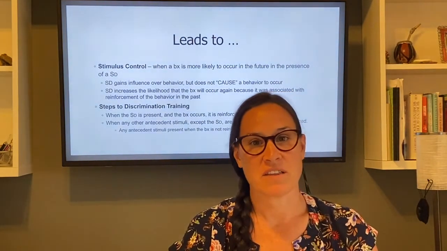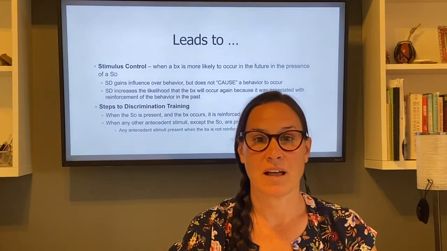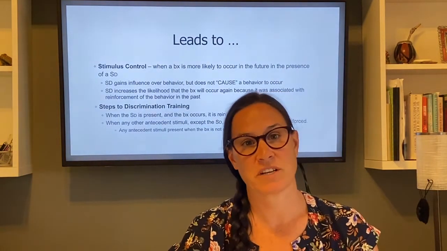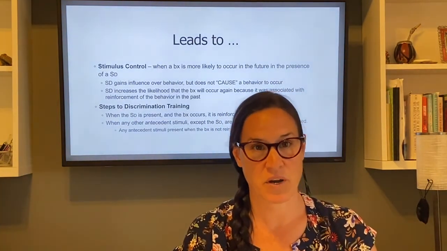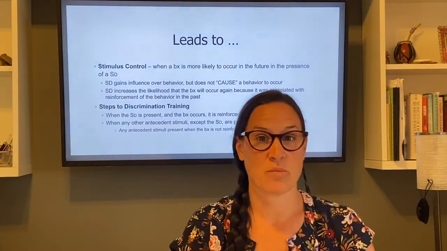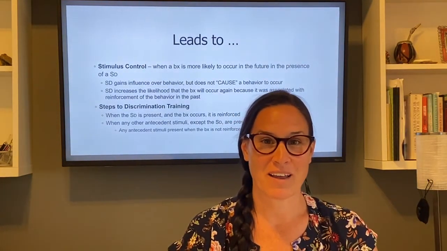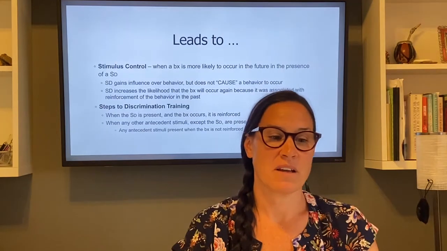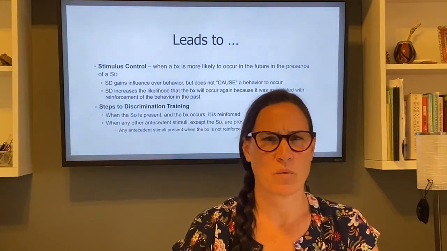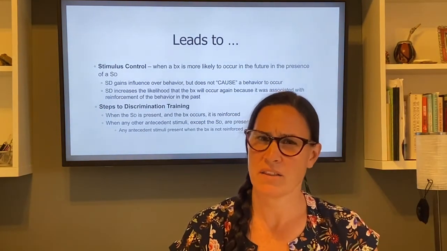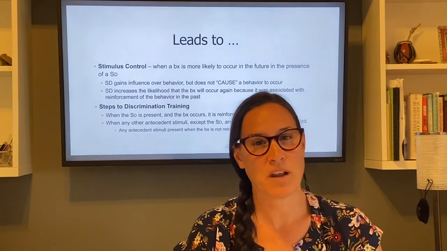You can think of it in the sense of teaching your client to engage in a particular behavior when an SD is present. We can condition a morning bell to do morning bell work, and that can lead to reinforcement. But if that morning work is completed when the morning bell does not ring, it will not be reinforced.